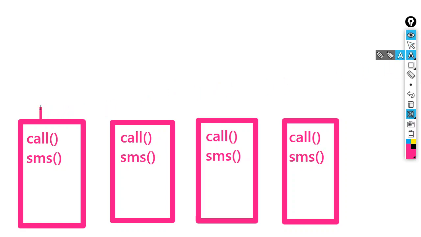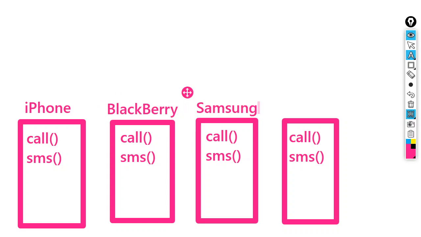Suppose this one is made by Apple, this one is made by BlackBerry, this one is made by Samsung, and this one is made by OnePlus, right? So there are phones from 4 different brands, and there are 3 different operating systems.